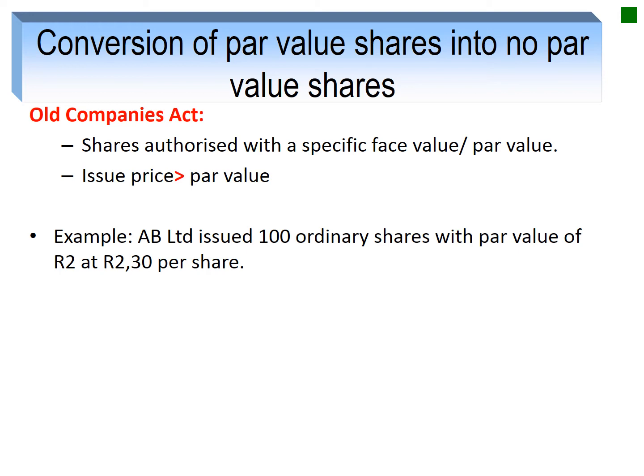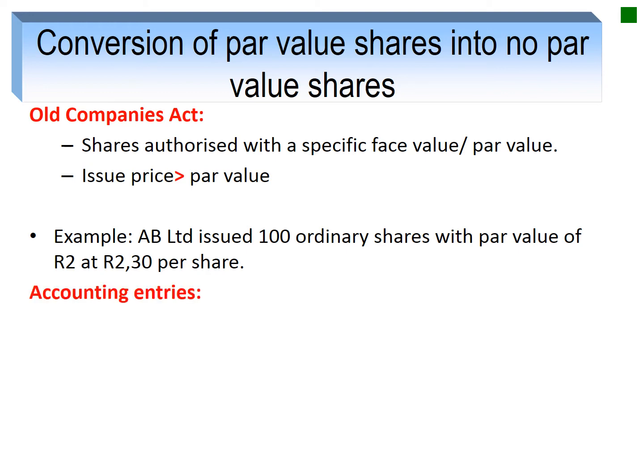So AB Limited issued 100 ordinary shares that had a par value of R2. They issued them at R2.30. So in this question, you will see the par value is R2, the issue price is R2.30. So that difference of 30 cents we call a share premium.